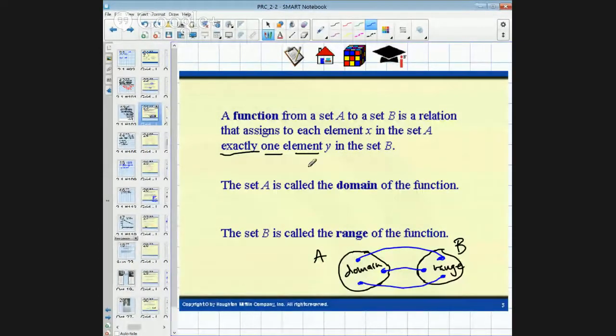A function is special in that, how does it say it here? It assigns to each element exactly one element in the set B. So it can't be, I'm trying to think of the right word.